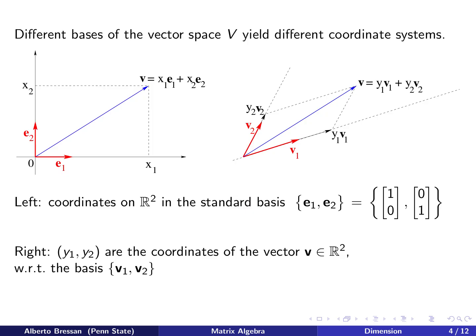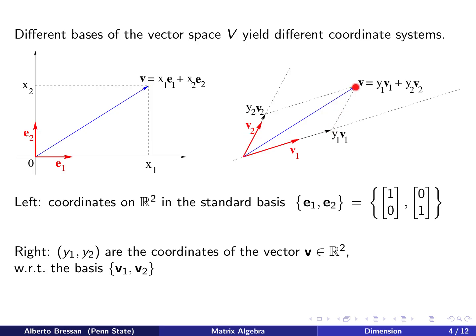So how do you find this vector? Well, you would take y1 v1. That is, you multiply v1 with y1, so it's a scalar multiple, then you get a vector in the same direction. Let's say you end up here. And then you want to add on top another vector that's a scalar multiple of v2. So you'll be going in the direction that's parallel to the v2 direction, and the length here would exactly be the length of y2 times v2.